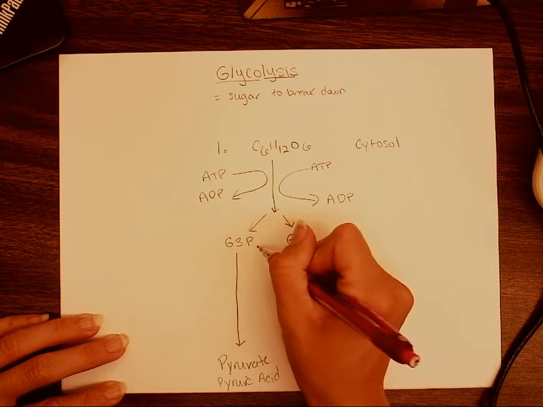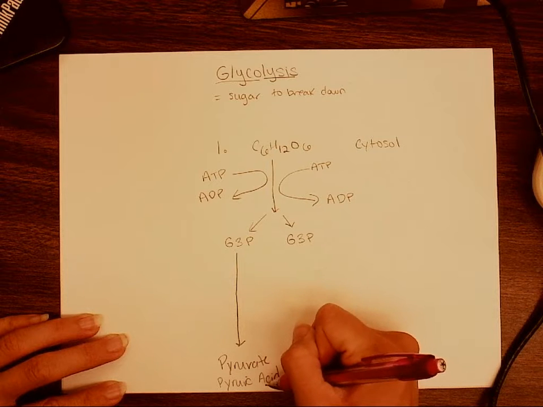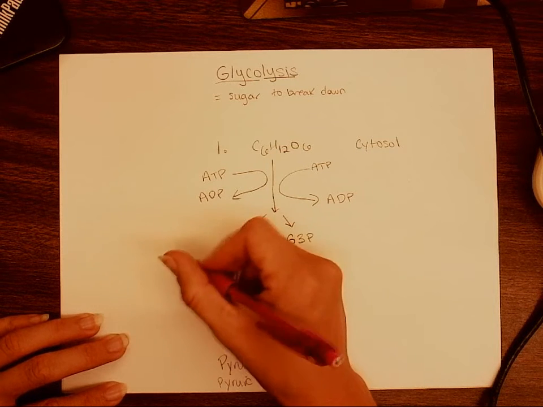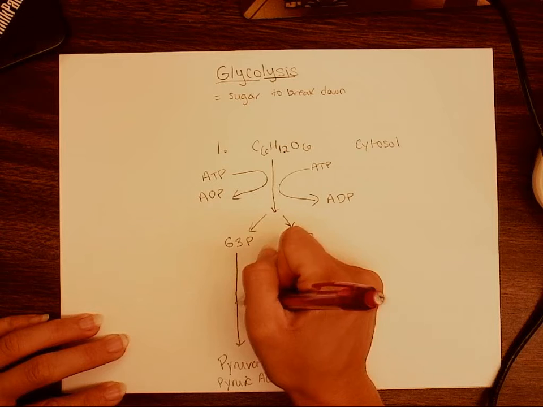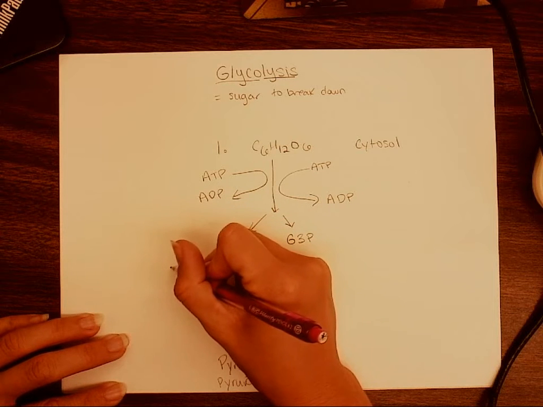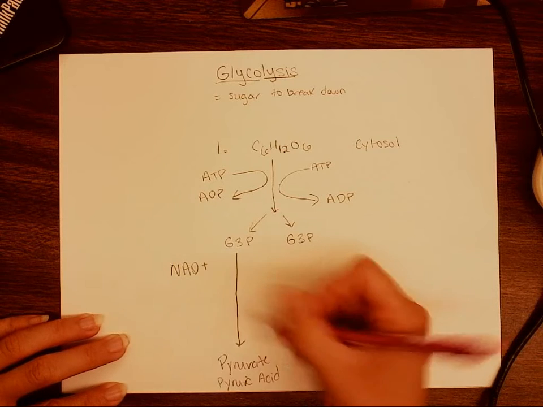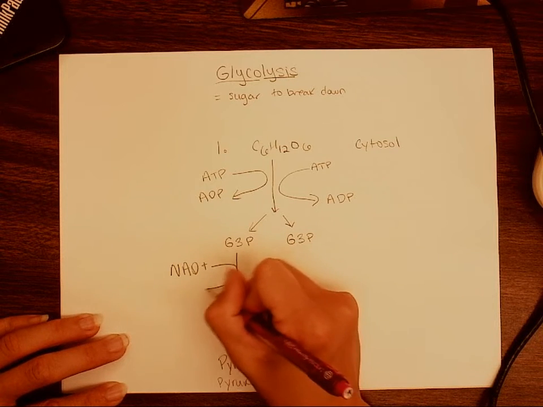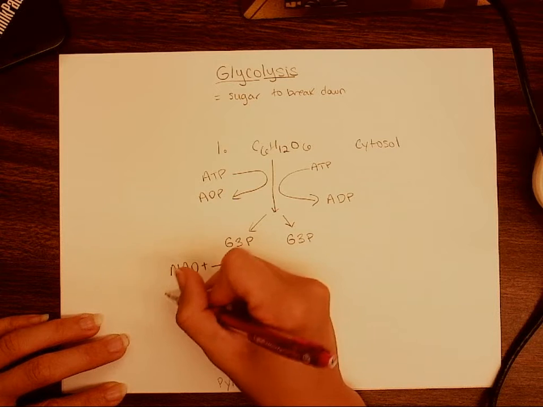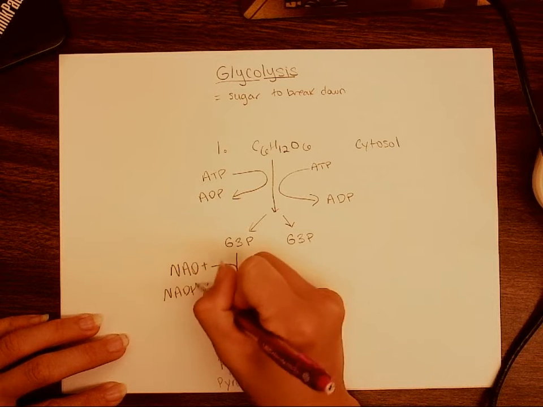So anyway, to get from G3P to pyruvate or pyruvic acid, we see electrons are going to be taken from G3P. In glycolysis, our electron carrier molecule is NAD+. NAD's going to come and grab these electrons, and it turns into NADH.